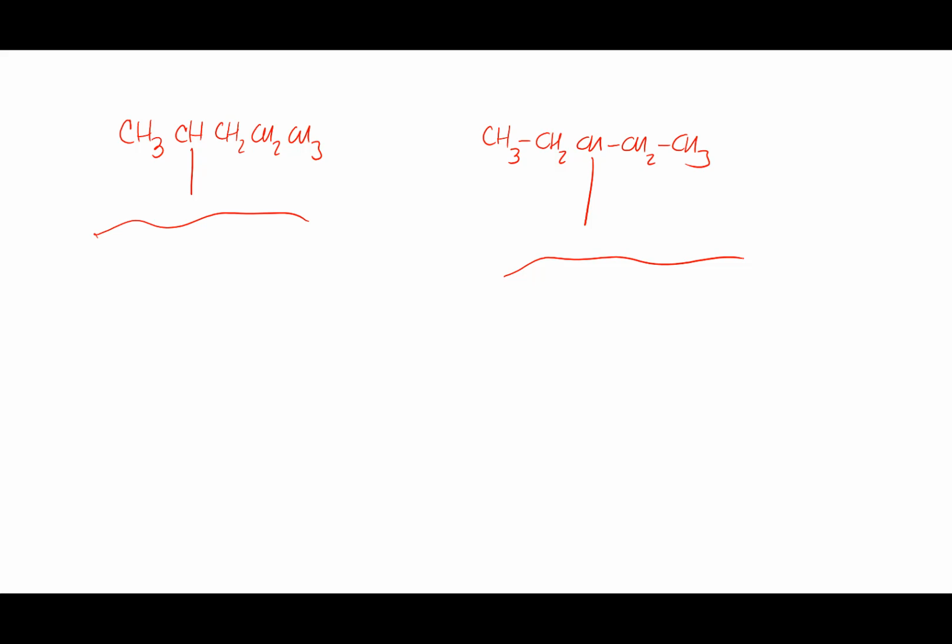Now, the common name system breaks down here, because the common name system still has to be unique. So if I wanted to call these two sec-pentyl, which one am I talking about? Because they're both pentyl groups attached to a secondary carbon. They're both pentyl groups attached to a carbon that's attached to 2 other carbons.